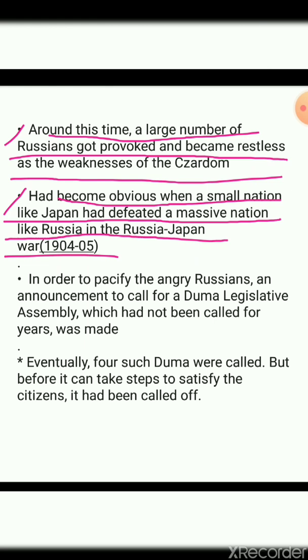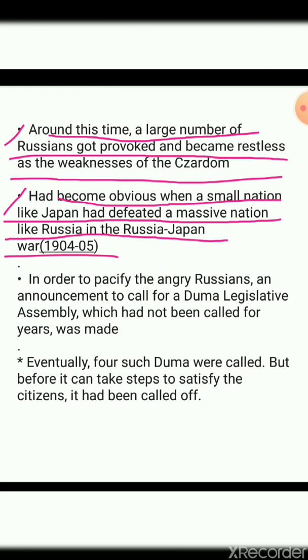Now what they're saying is that the Caesardom became weak, and a large number of Russians got provoked by that. The obvious reason was that a small nation like Japan had defeated a massive nation like Russia.